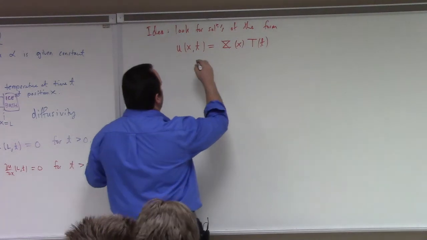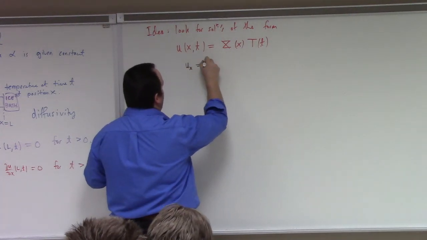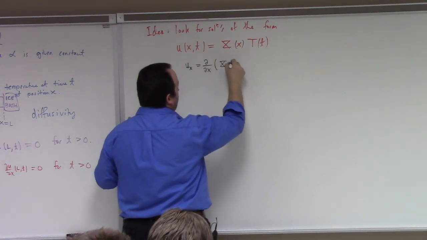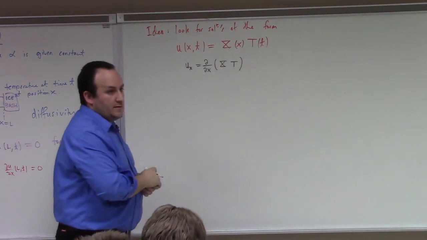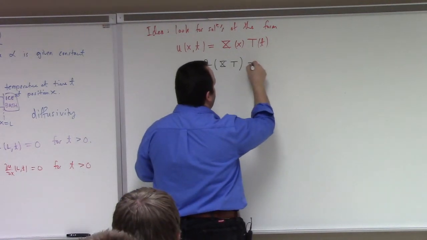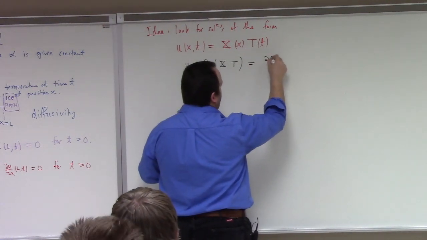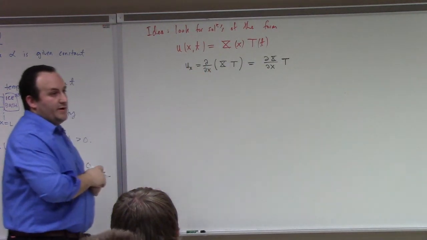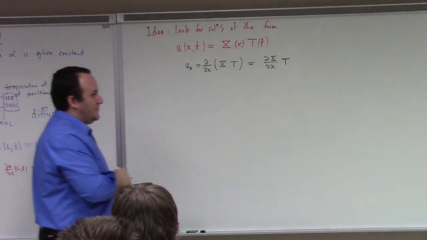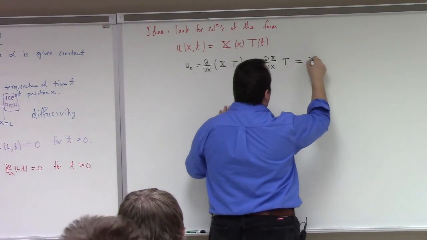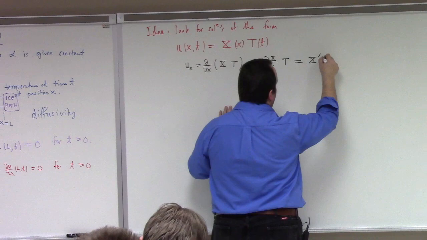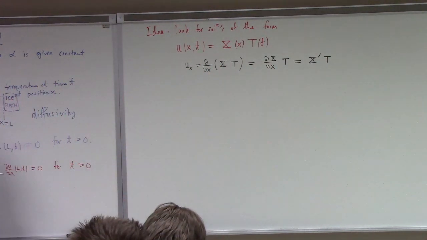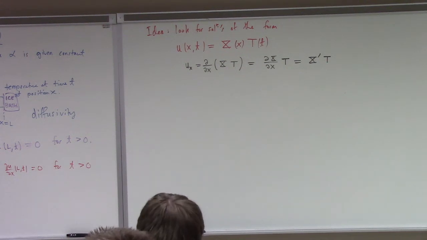Like, what's u_x? Partial x of big X times T, right? But if T is just a function of t, then this is just partial x times T. But without ambiguity, we can just express that as X prime T. Where it's understood that X prime is differentiating the X function with respect to x.